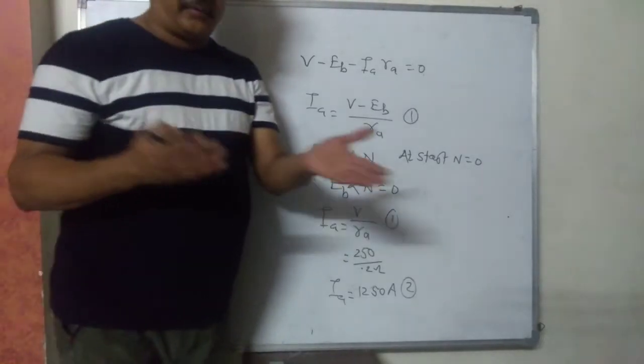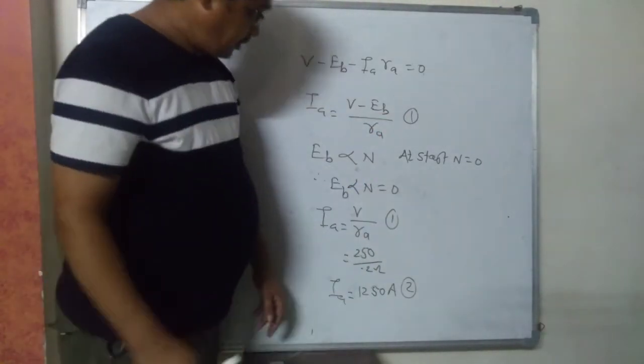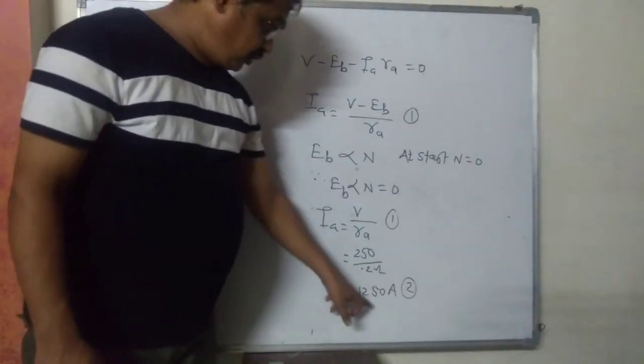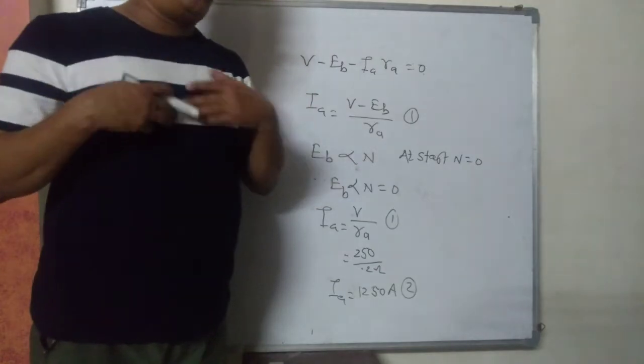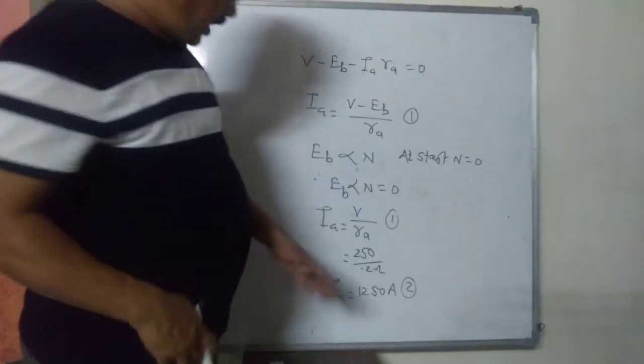Motors are generally rated for 25 to 50 ampere currents. But at the start, EB will be 0 and IA will be 1250 amperes, very much greater than the rating of the motor.